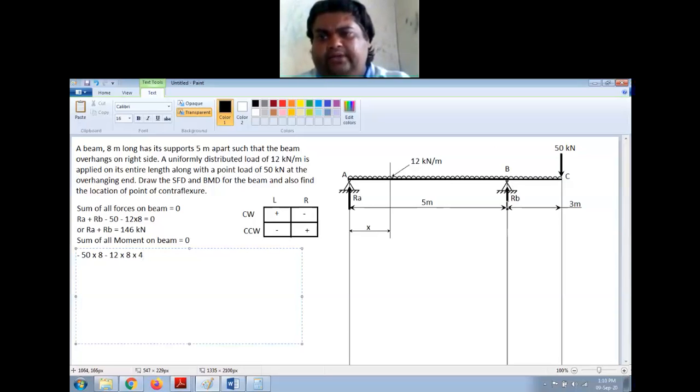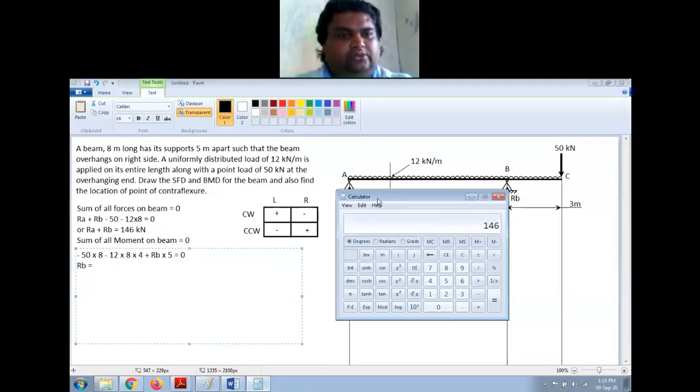Then I have the reaction at B, which is upward. So right side upward force is making a counterclockwise moment. Right side counterclockwise is positive, plus RB into the distance between A and B, which is 5 meter. RB into 5, and this should be equal to 0. Now if you solve this, you will get RB. RB is equal to, let's do this.